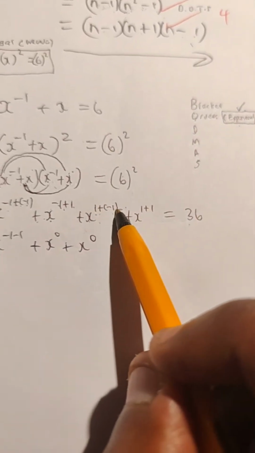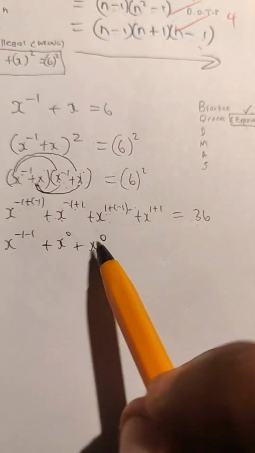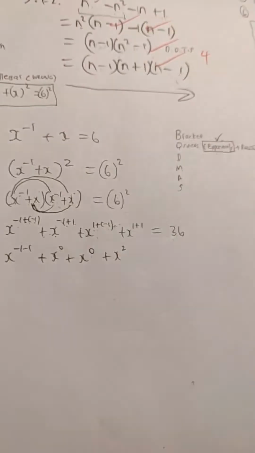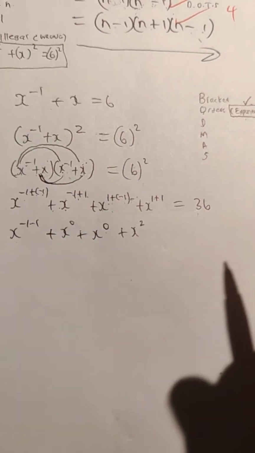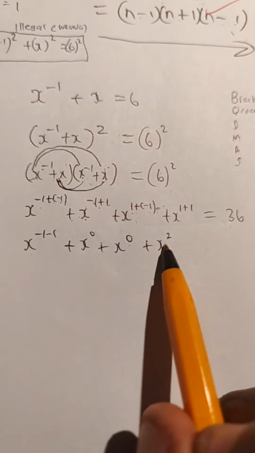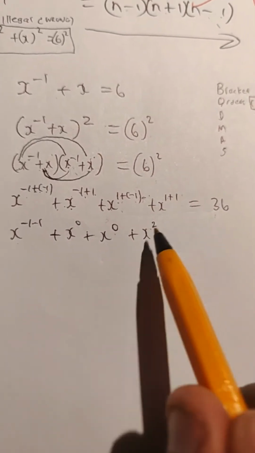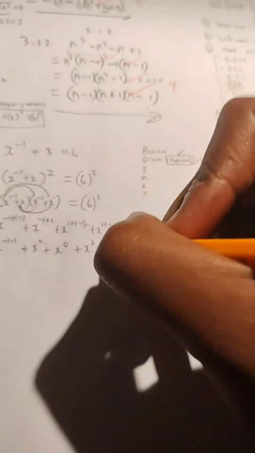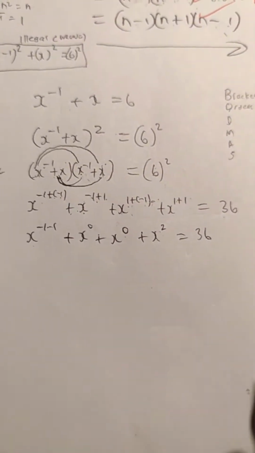Plus x to the power 1 plus 1, which is 2, is equal to 36. We are not done.